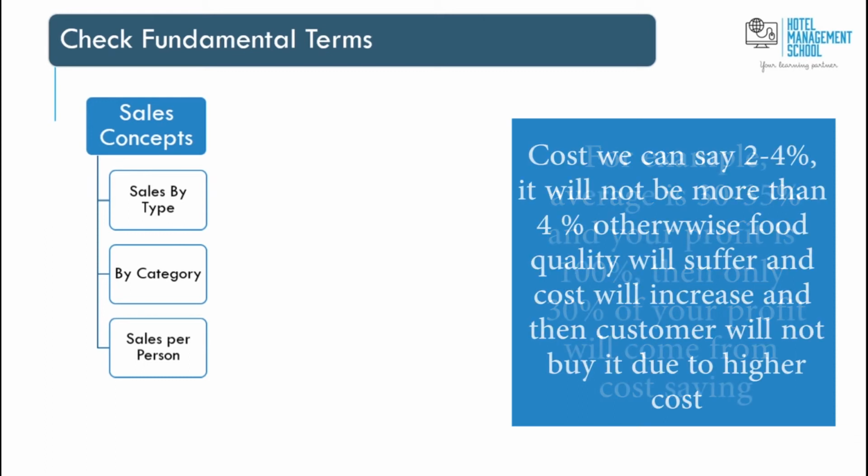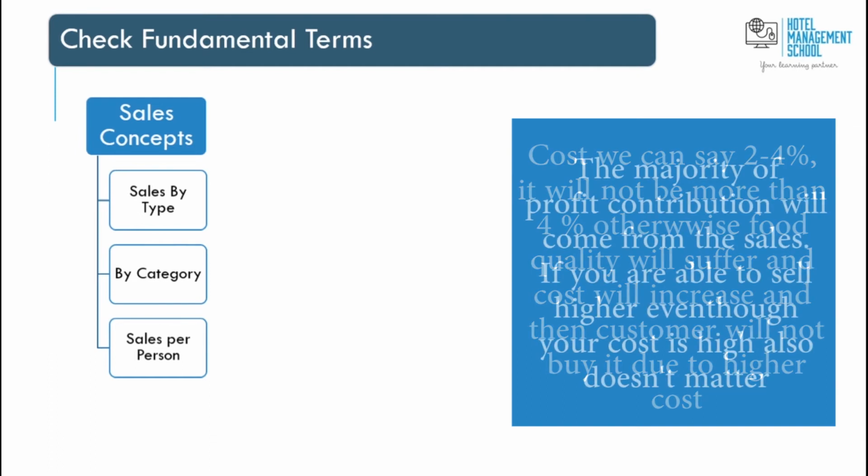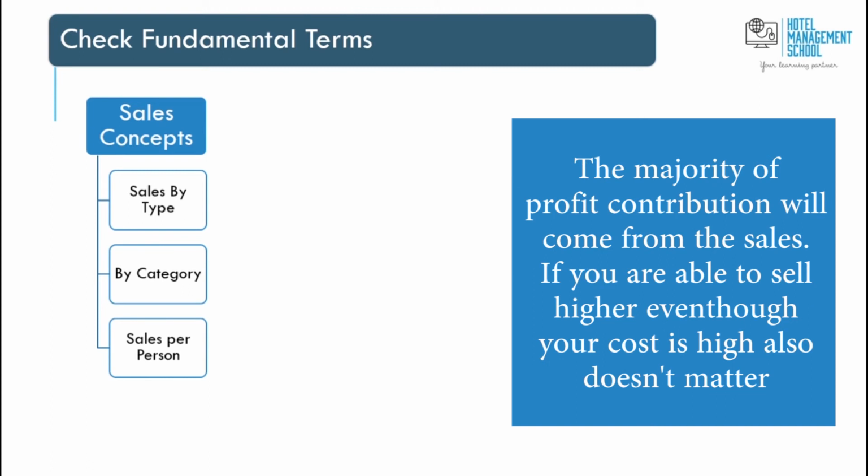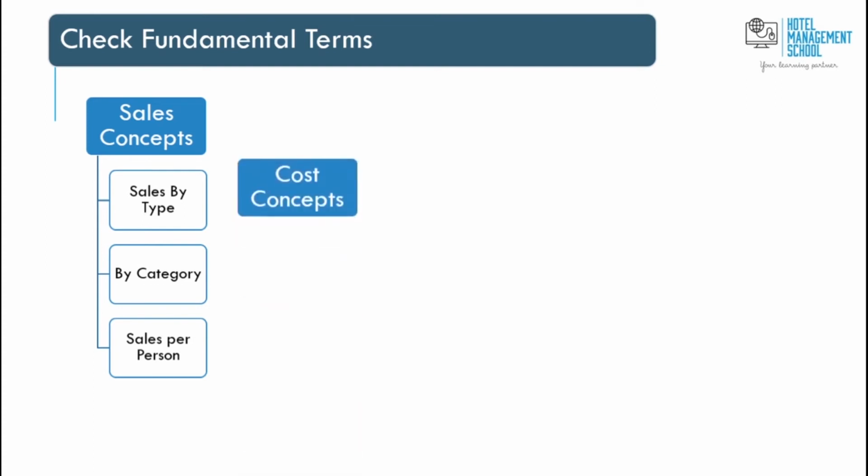How much cost can you save? Maybe 2%, 3%, 4%, not more than that. Otherwise, the food quality will start suffering, or the price of the food will continue to increase and the customer will not buy. The majority of the profit contribution will come from the sales. If you are able to sell higher, even though your cost is high, it doesn't matter. And then some cost concepts.